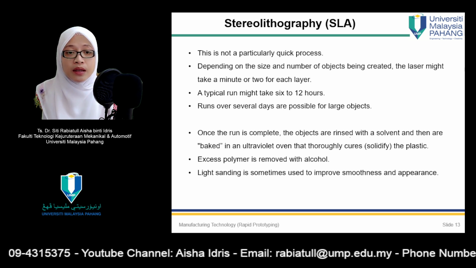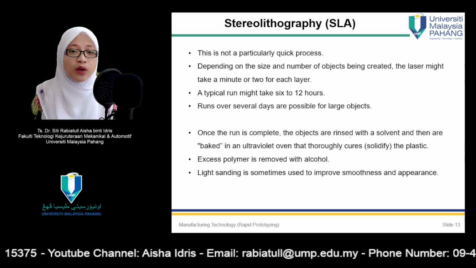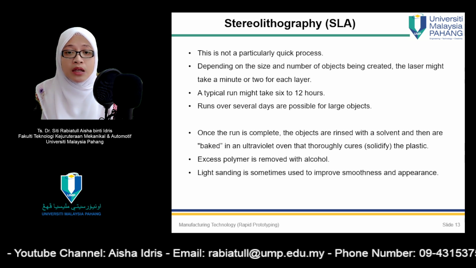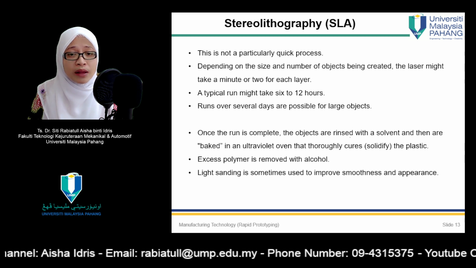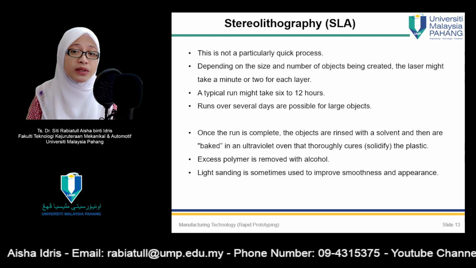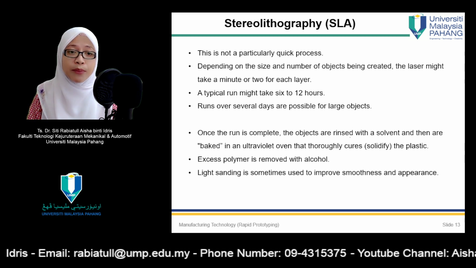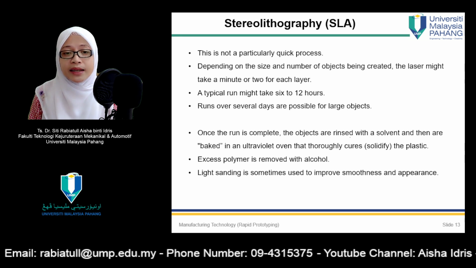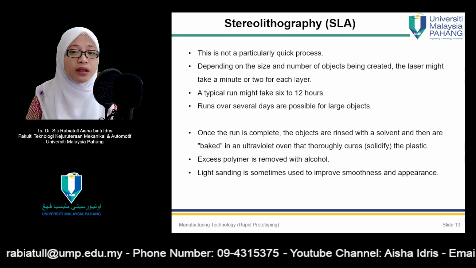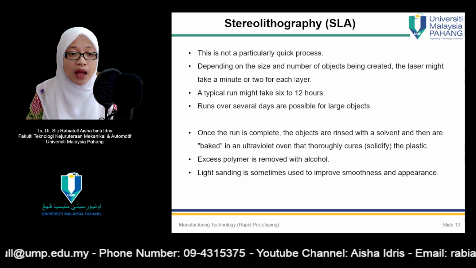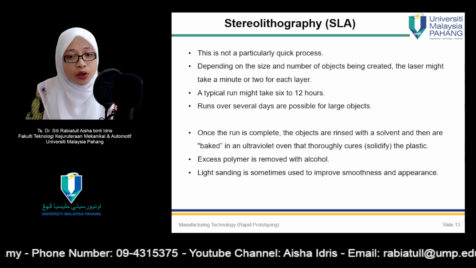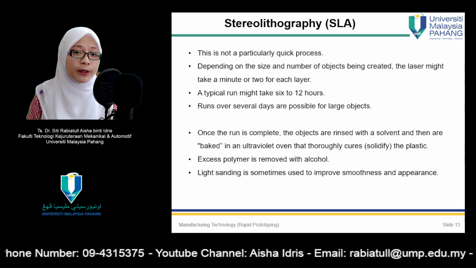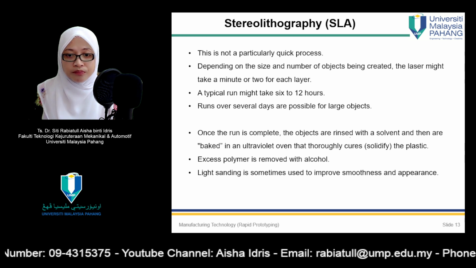The piece is therefore baked in a fluorescent oven to completely solidify the polymer. Excess polymer is removed with alcohol, and light sanding is sometimes used to improve smoothness and appearance. Depending on its design and orientation, a part may contain overhanging features that have no means of support during the bottom-up approach used in stereolithography.